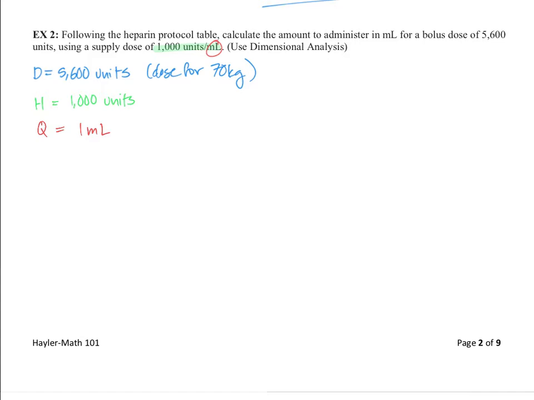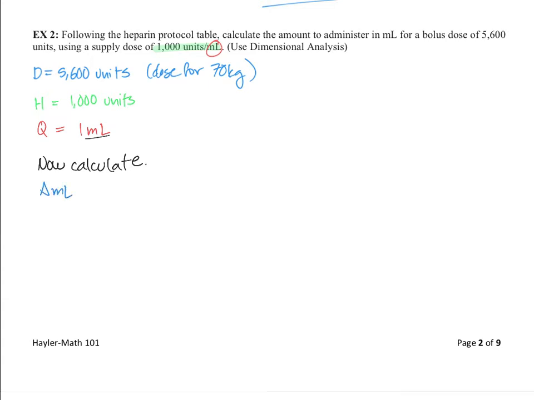Alright, let me change colors here. We know that the unit of measure for the amount to administer is going to be in terms of milliliters. So using the dimensional analysis method, we're going to do A milliliters, because that's the amount we're looking to administer.